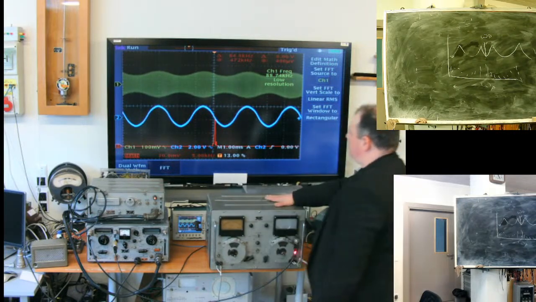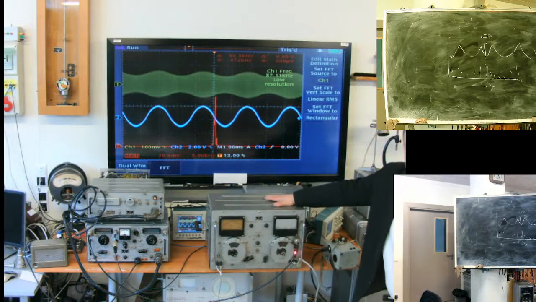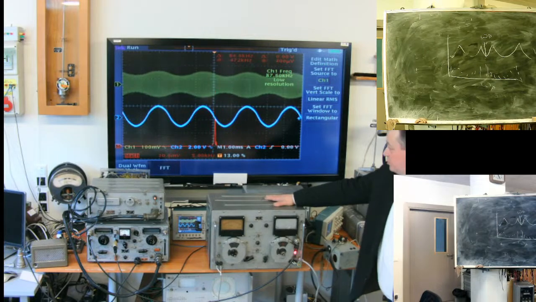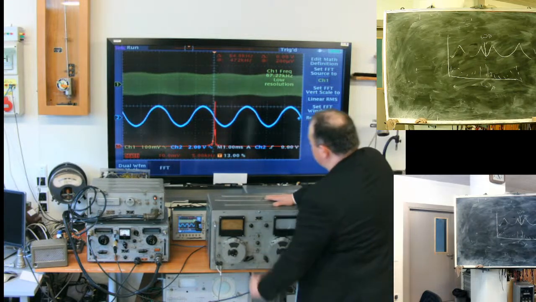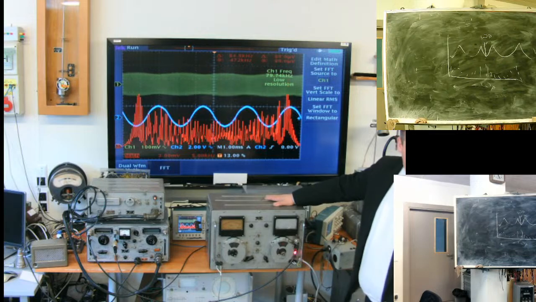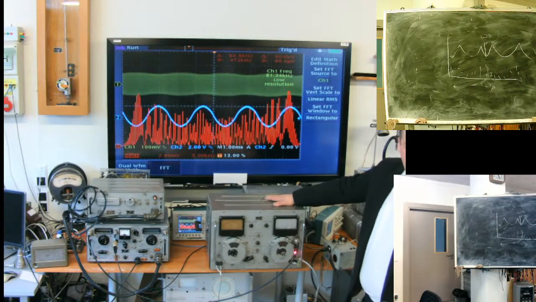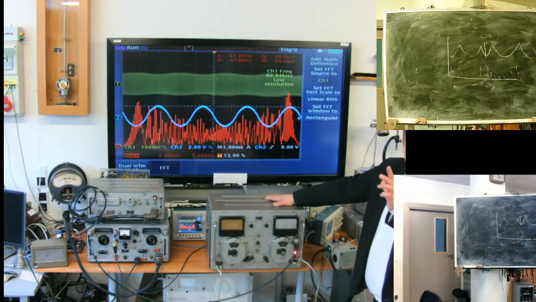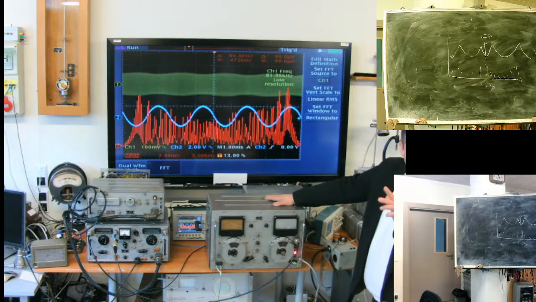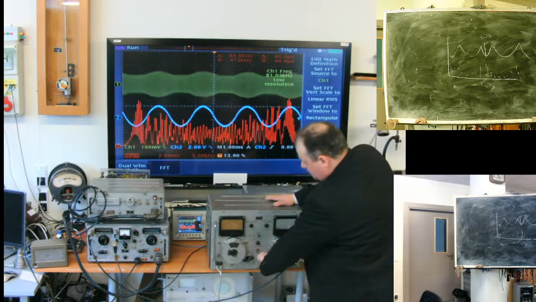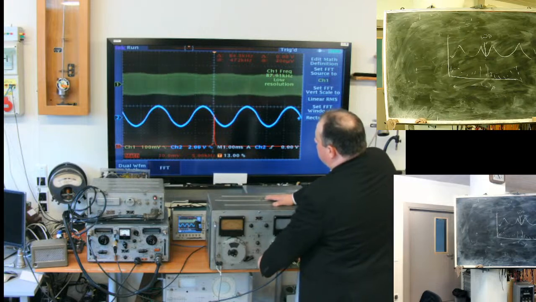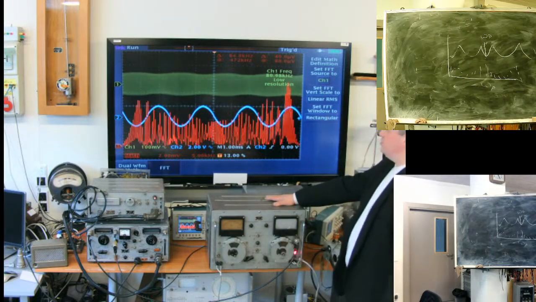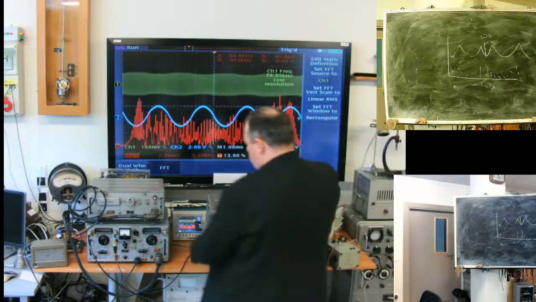And for comparison, an amplitude modulated signal with approximately the same modulation. You see the difference in frequency range. Frequency modulation requires a much broader frequency range.